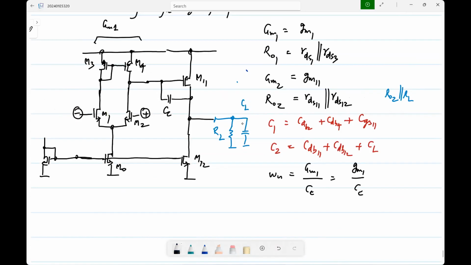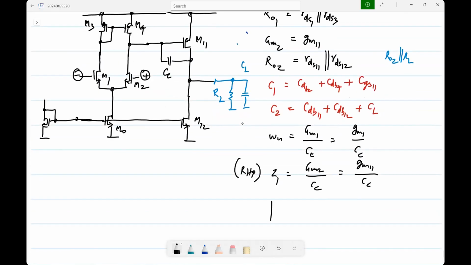Where is the right half plane zero? It is basically GM2 by CC, which is GM11 by CC. And where is the non-dominant pole P2?